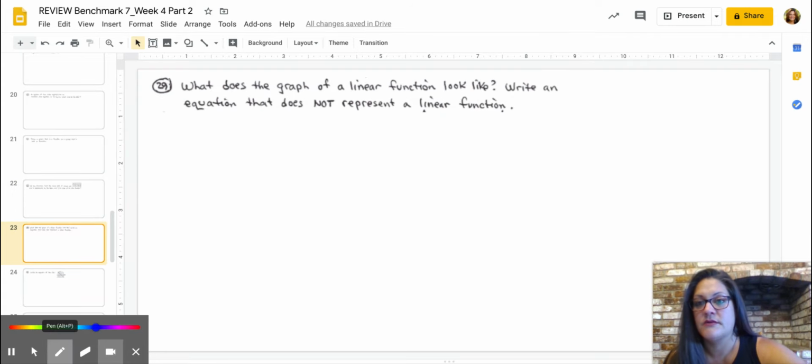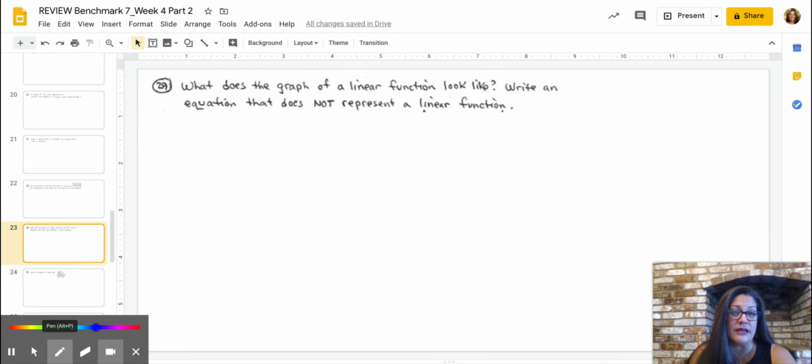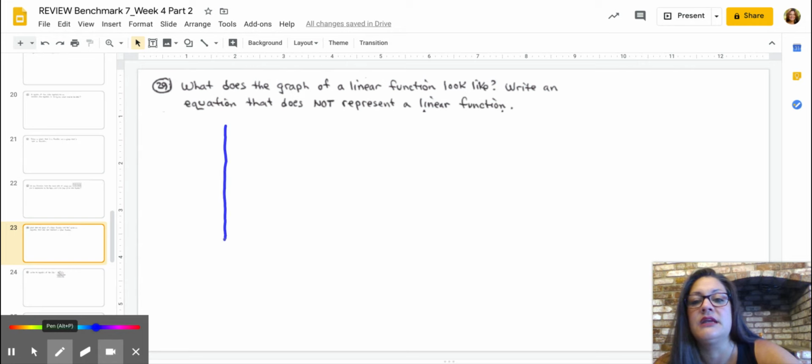All right. Number 29. What does the graph of a linear function look like? Write an equation that does not represent a linear function. So a linear function is going to be a straight line. And we talked about this a couple problems ago. It can be a horizontal line.